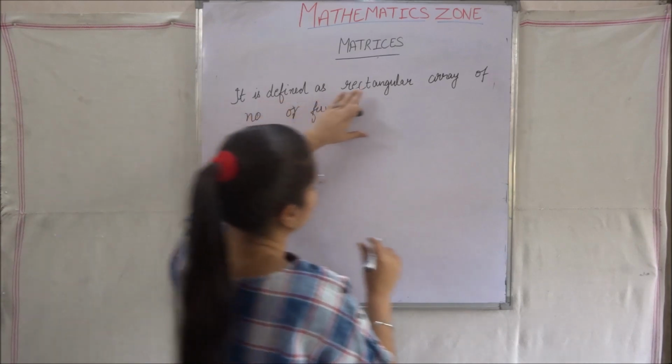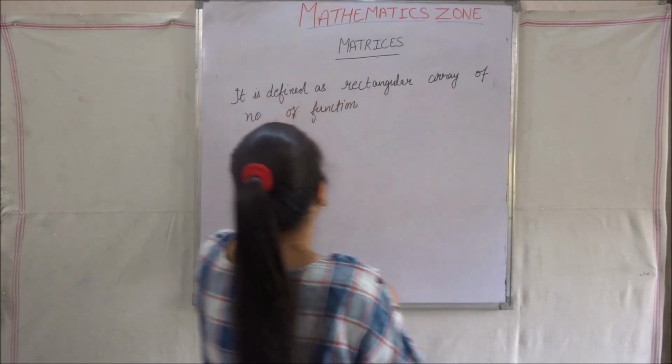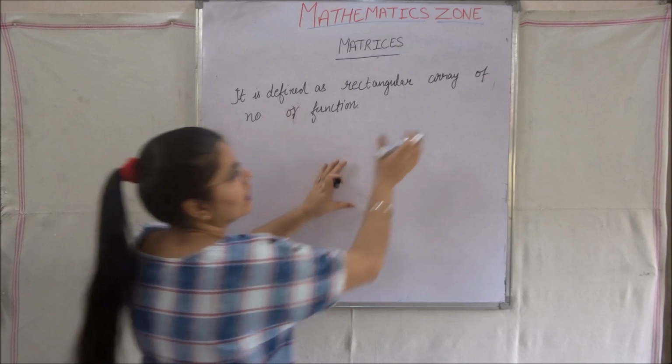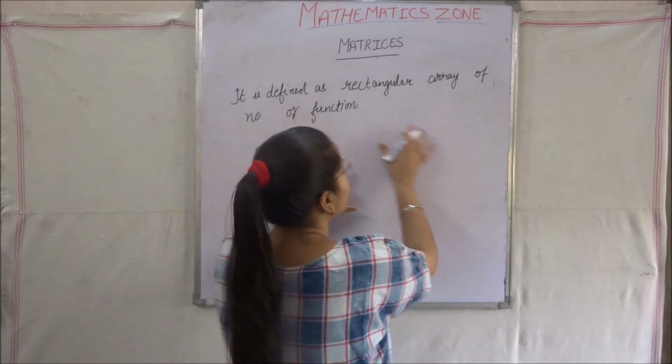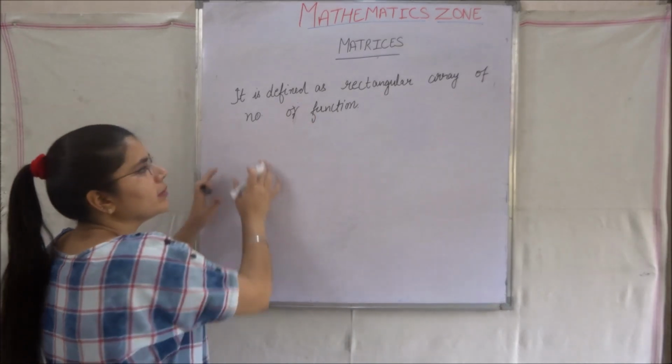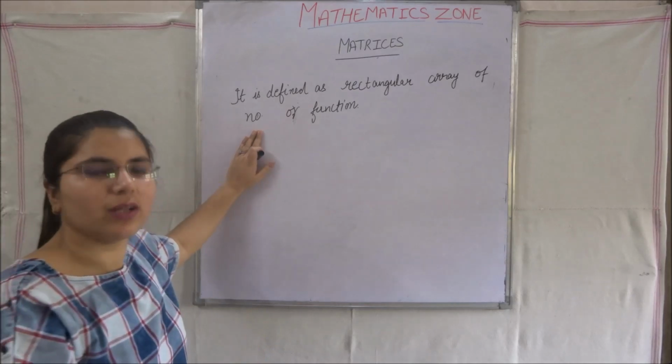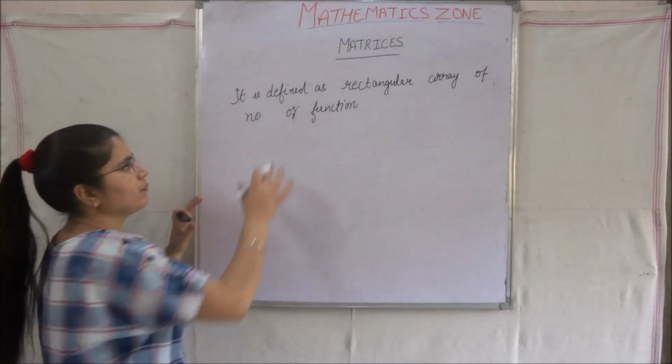So it is defined as rectangular array of numbers or functions. Here array means arrangement. Number may be real numbers or complex numbers.